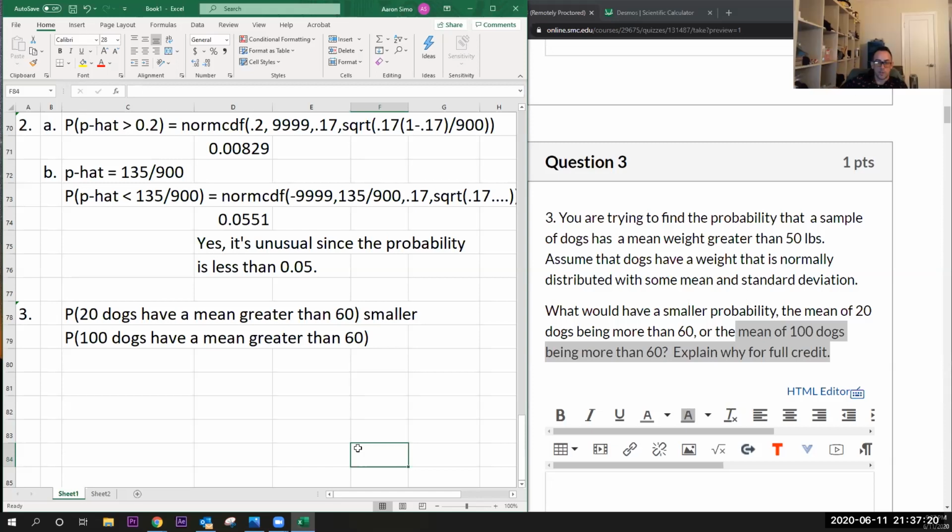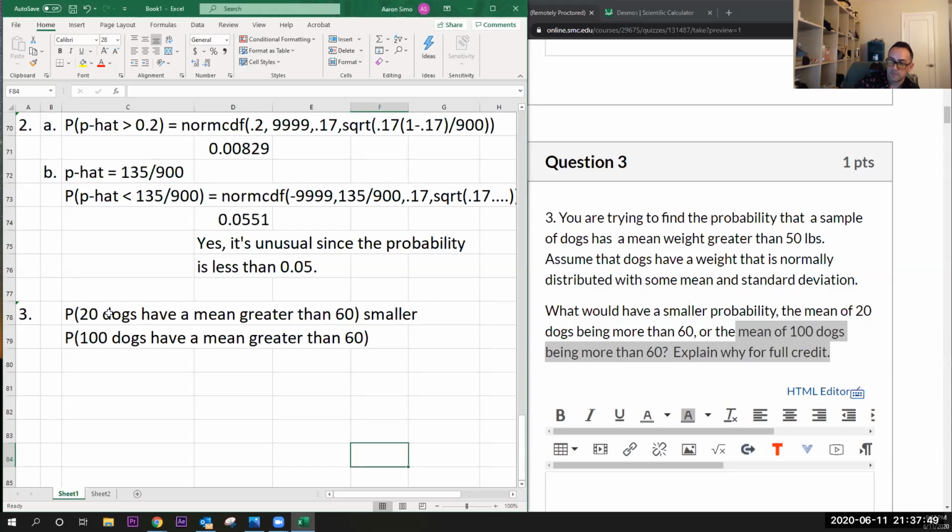So wouldn't you say there are more means that are bigger for the 20? Yeah. Now that I looked at it that way, I flipped my answer, because an outlier would make the mean go more towards 60. An outlier would affect the 20 dogs more than the 100, right? Exactly. So there would be more means greater than 60 for the 20 dogs, making that probability bigger, right?